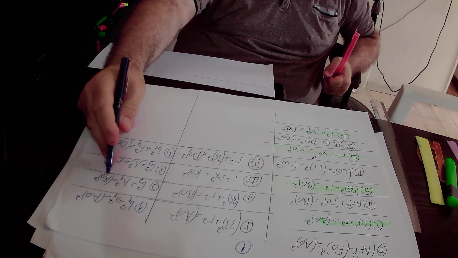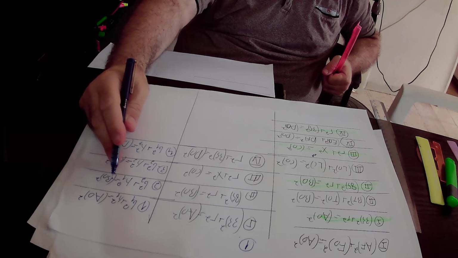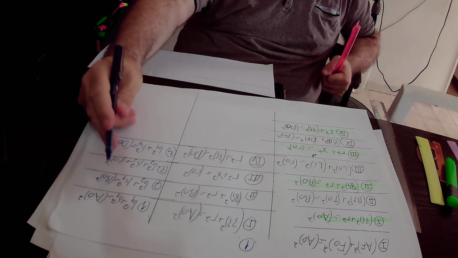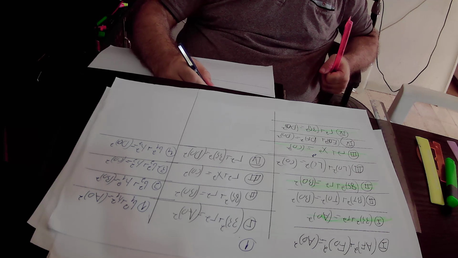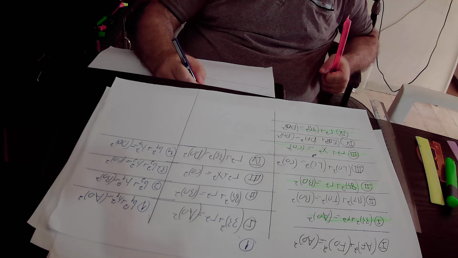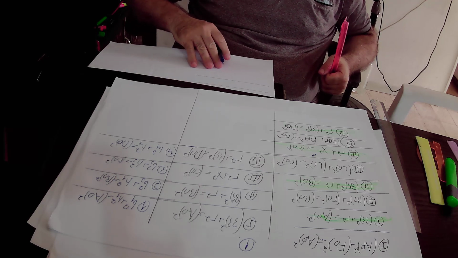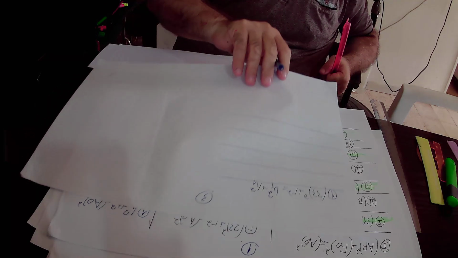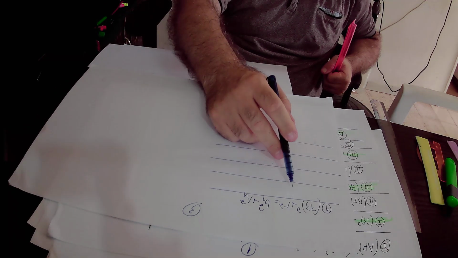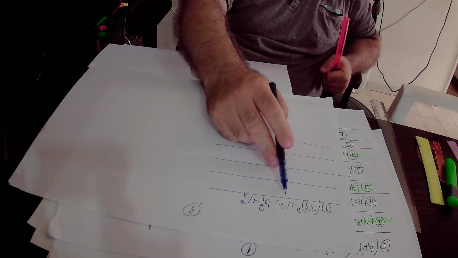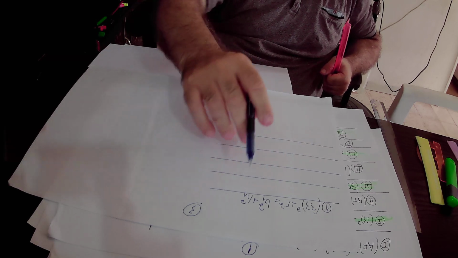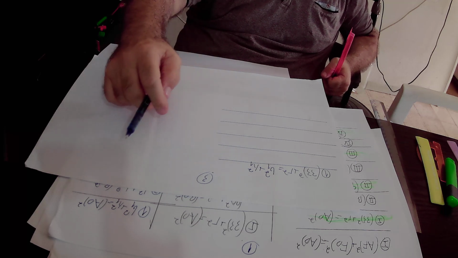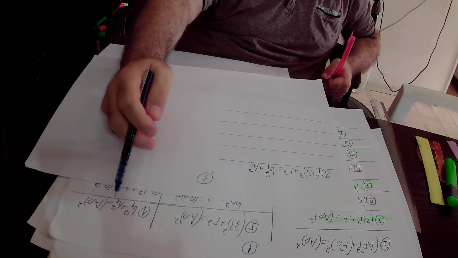That is actually B1 square plus H1 square. So this equation states that AO square in this equation equals AO square in this equation.